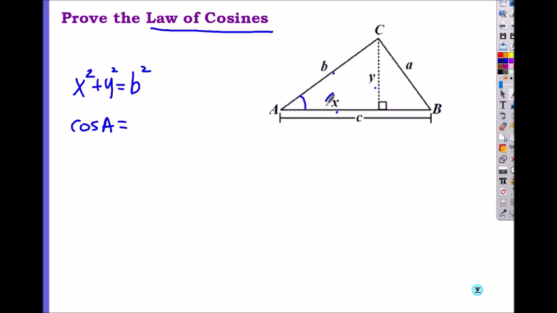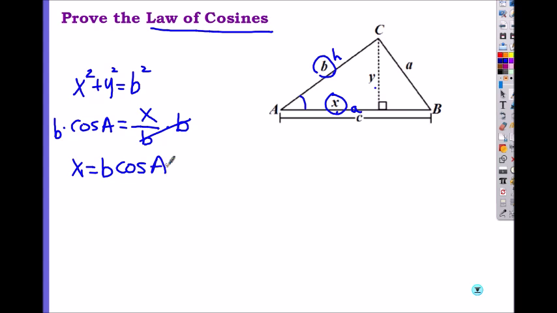Adjacent, which is X, over hypotenuse, which is B. So let me go ahead and solve for X, because I'm going to later substitute B cosine of A for X. So what do we do? Multiply by B on both sides. So I get X equals B times cosine of A. Okay?